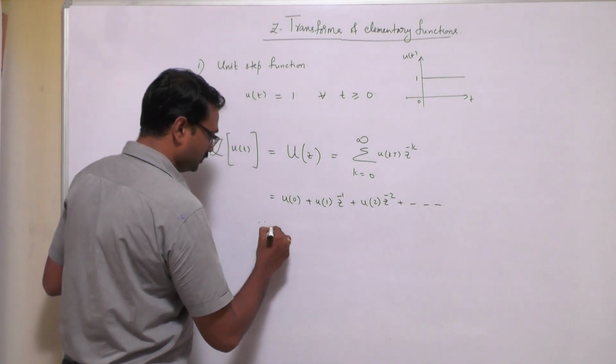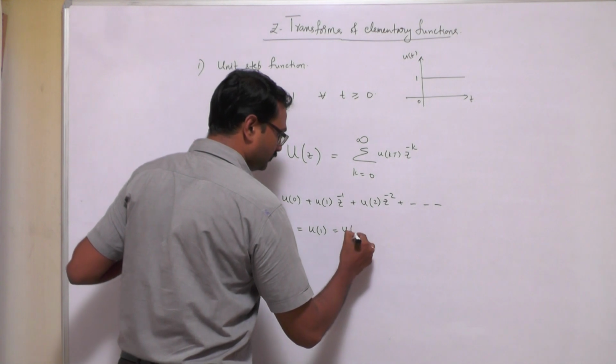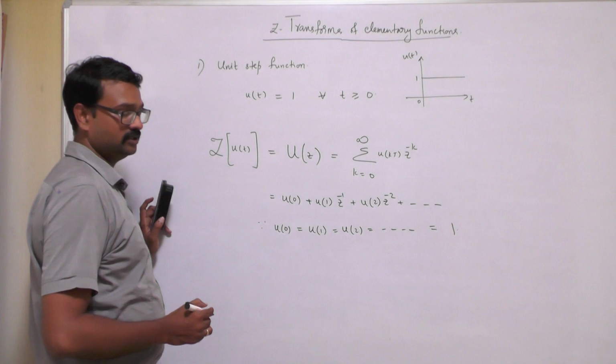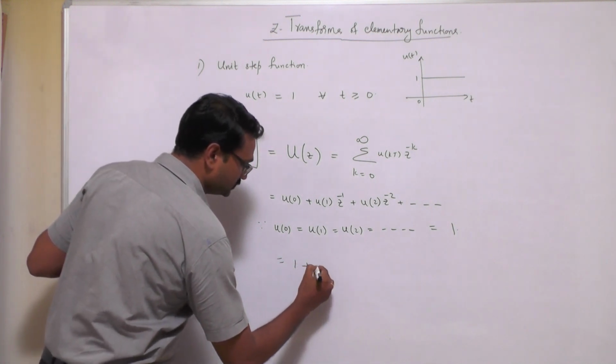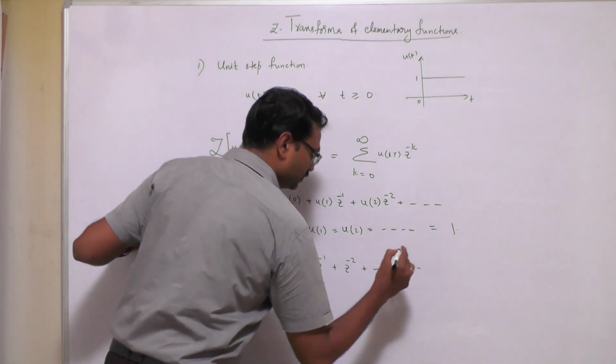And since u of 0, u of 1, u of 2, etc. are all equal to 1 in a unit step function, you will have this value as 1 plus z power minus 1 plus z power minus 2 plus so on.